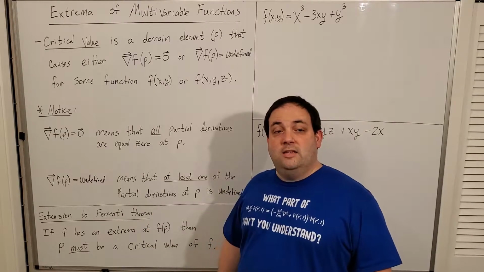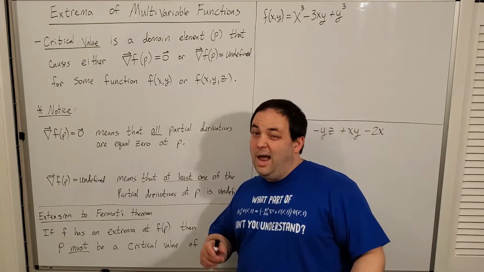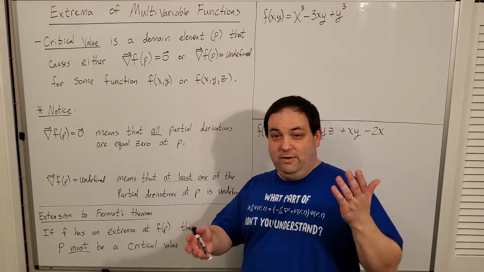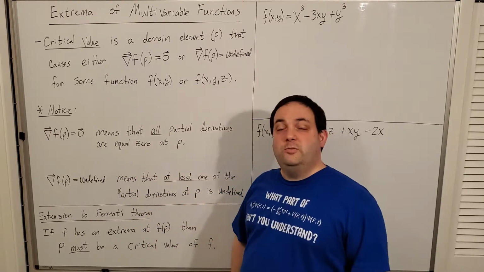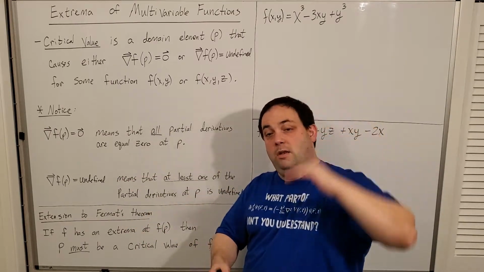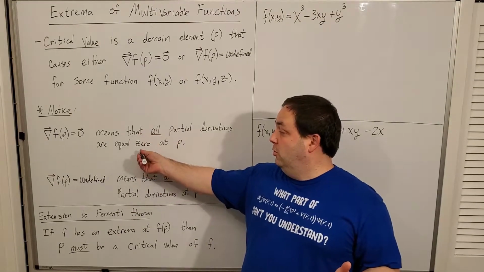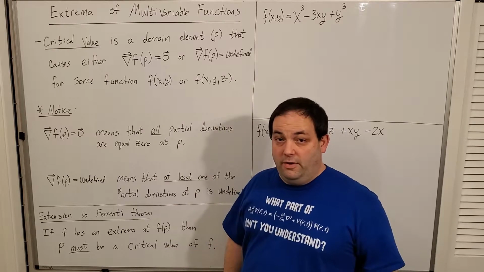Basically, it says all extreme values are critical points, but not all critical points are extreme values, right? See the difference? I can find tons of critical points. That doesn't always mean I'm going to find them to be a max or a min. Some of them could be saddle points. Some of them are critical and undefined, meaning maybe the function itself isn't defined, right?